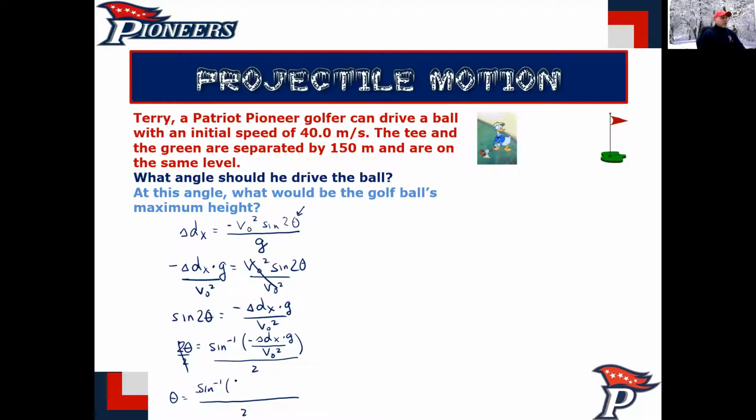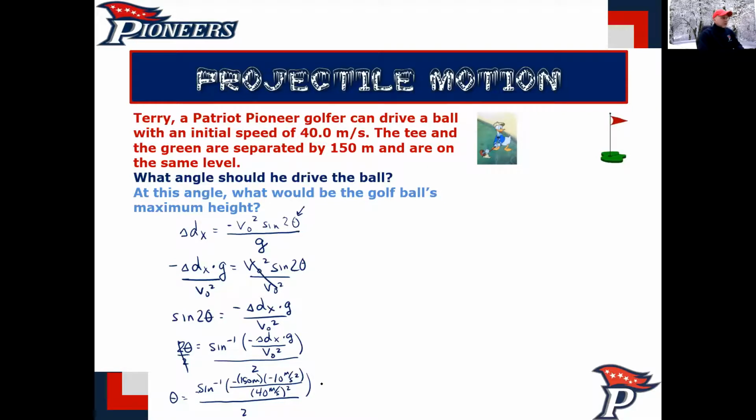All right, so now I'm going to plug in my numbers. Dx was given as 150. G is -10. VO is 40, and that's squared.